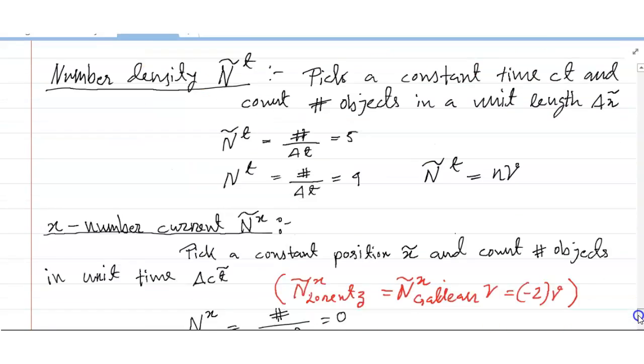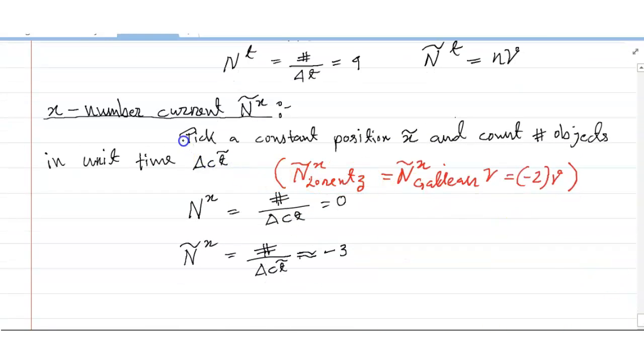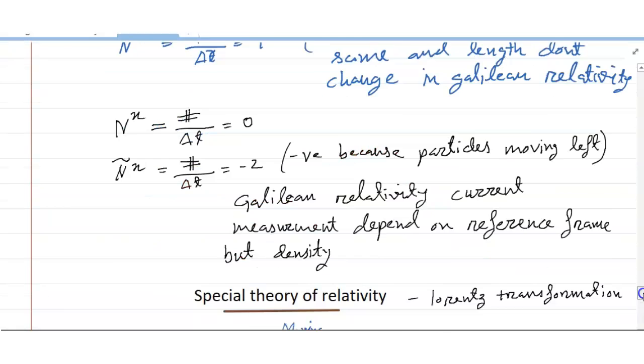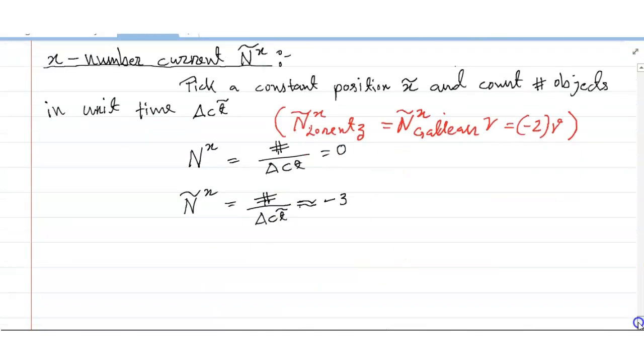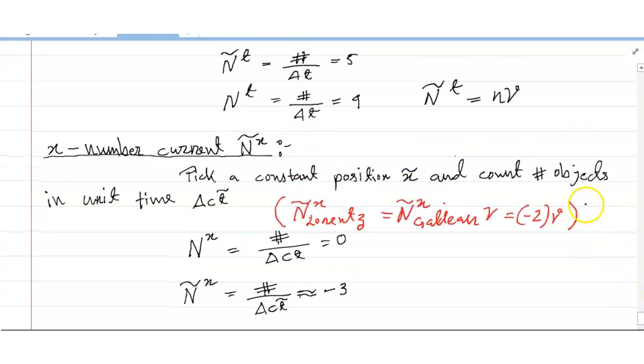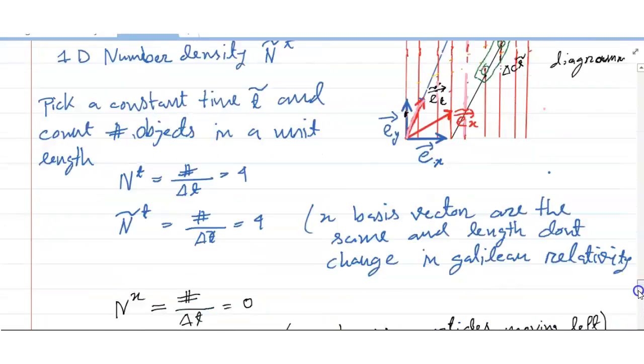So friends, for the x number current nx, pick a constant position x tilde. This is the constant position x tilde, and count the number of objects in unit time del ct. So we see that in del ct the number of objects is 3.